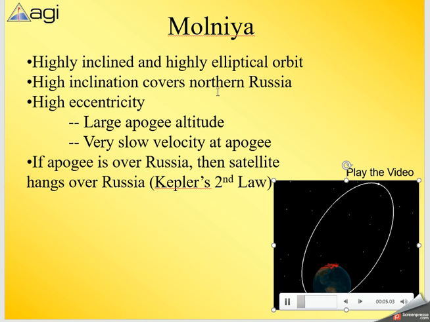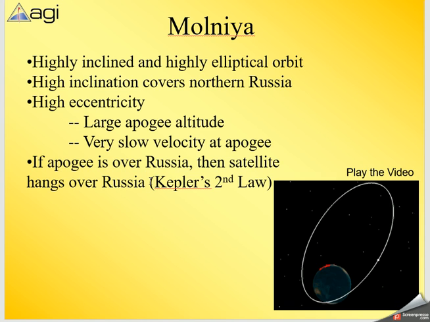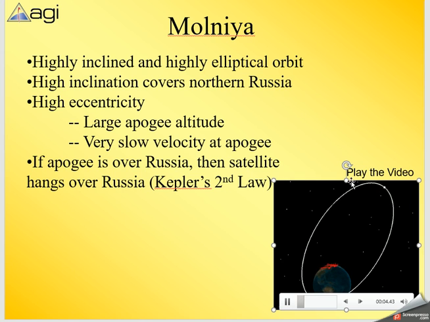The high inclination covers northern Russia. The high eccentricity gives a large apogee and very slow velocity at the apogee itself. The apogee is over Russia, so the satellite hangs over Russia, slows down, and then speeds back up as it comes back.